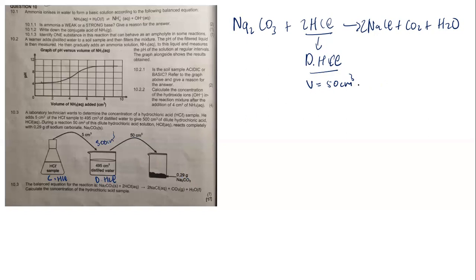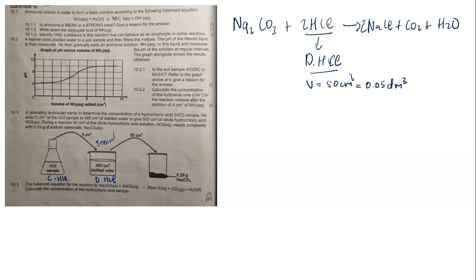But remember, most of the time we convert our units to cubic decimeter. We divide by 1,000. We're going to say 50 divided by 1,000. And then how much do we get? We get 0.05 cubic decimeters. This is our volume of diluted hydrochloric acid added to this.